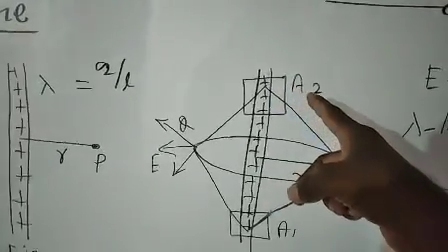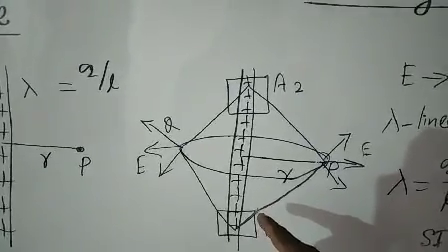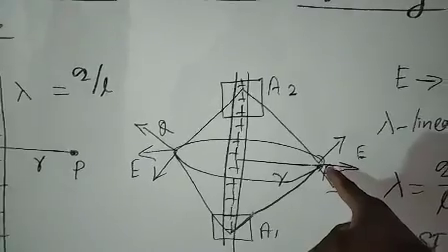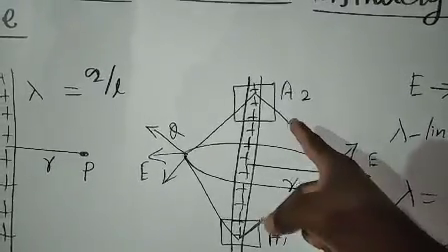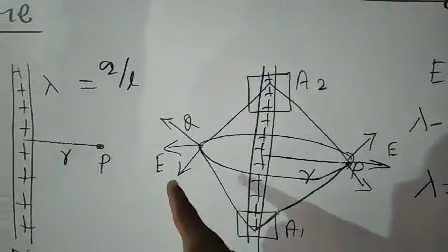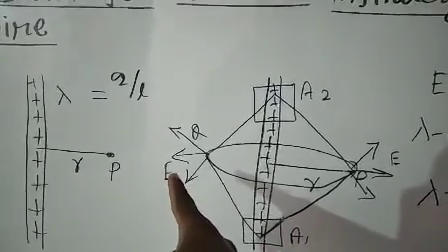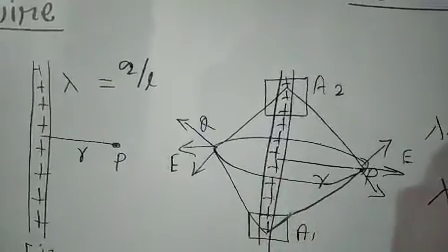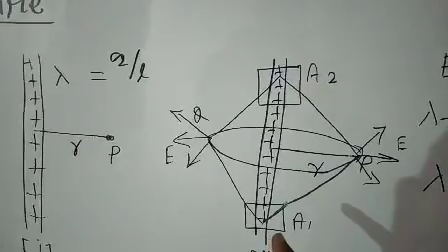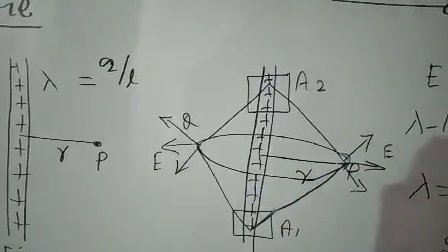These two points A1 and A2 are at equal distance from the point P. So the electric field due to the two points is radially outward. Here E represents the electric field, which is radially outward. So the electric field due to these two charge elements is uniform at all the points.